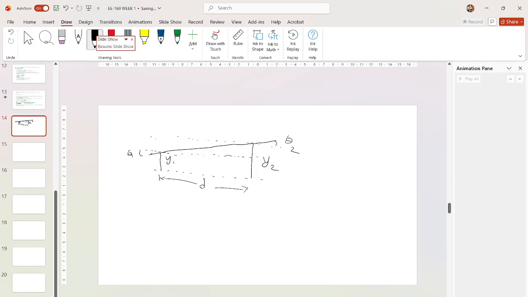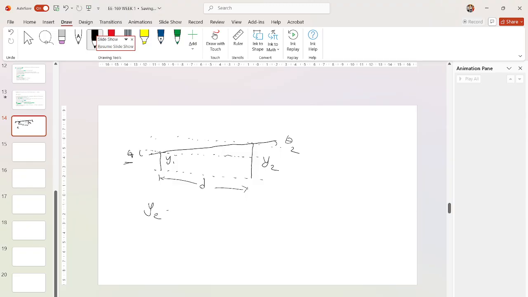So you need to define theta 1 for the given values. I'll give you some values.